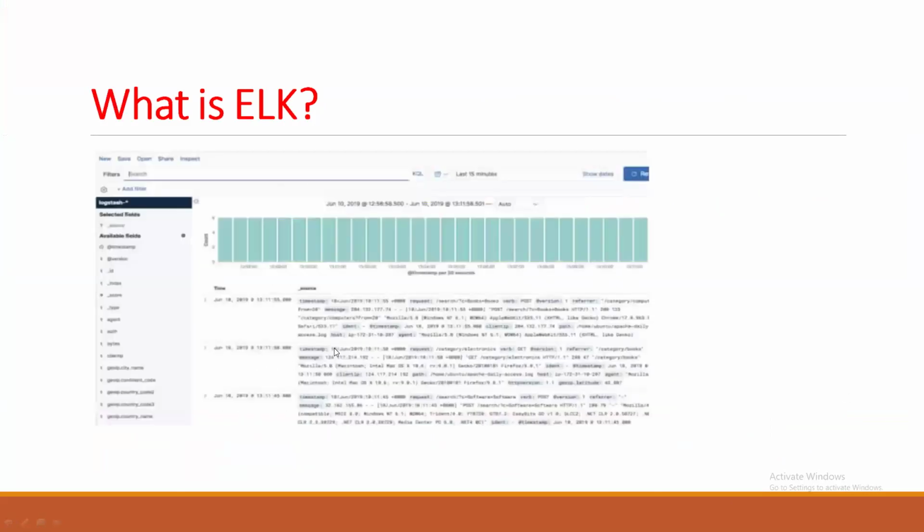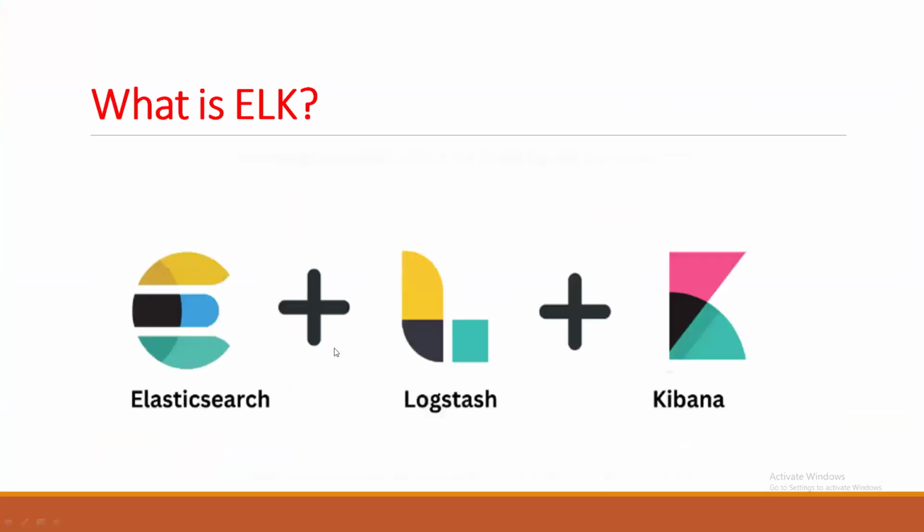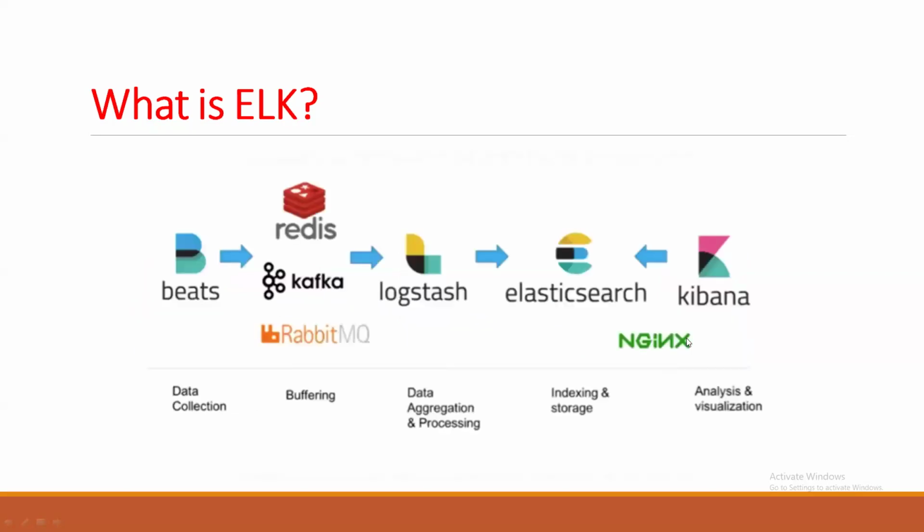You see the logs in the Kibana dashboard. ELK is Elasticsearch, Logstash, and Kibana. Logstash will collect the logs and transfer them to Elasticsearch, and then from Elasticsearch we show the logs in the Kibana dashboard. Kafka, Redis, RabbitMQ, and Beats feed the logs, and Logstash will get the logs and transfer them to Elasticsearch. Then Elasticsearch will show it on Kibana.